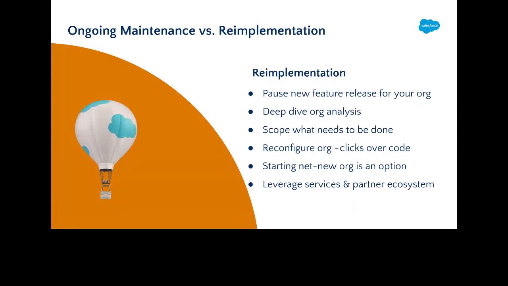Starting a net new org is an option. I kind of agree with this, because sometimes you have a very huge org where a lot has been implemented, but due to the disconnect between the different functionalities, you may feel the org has become corrupt and is causing you problems. So getting a net new org is another option.